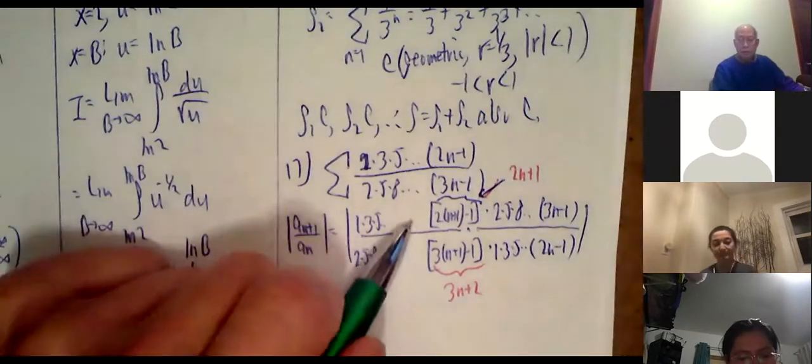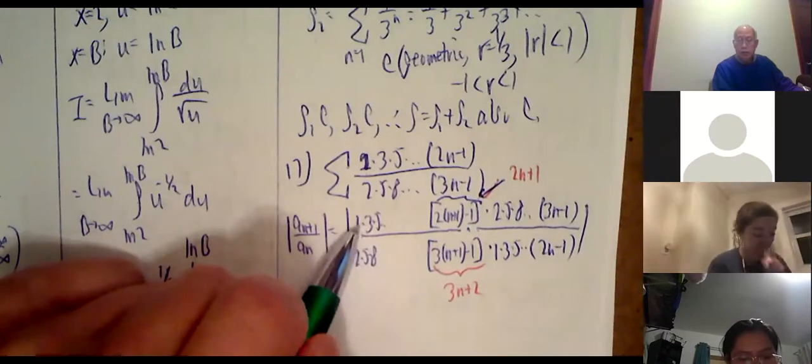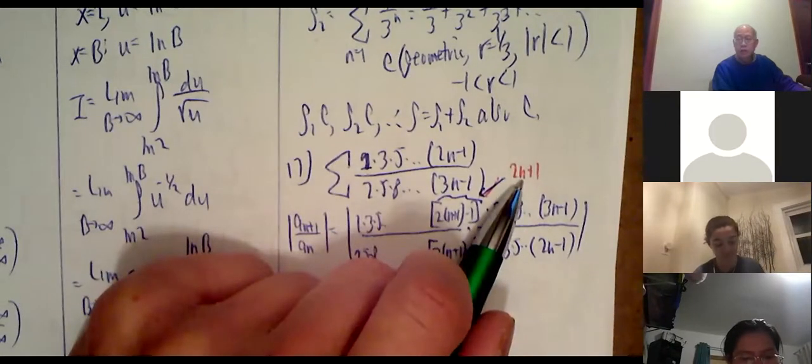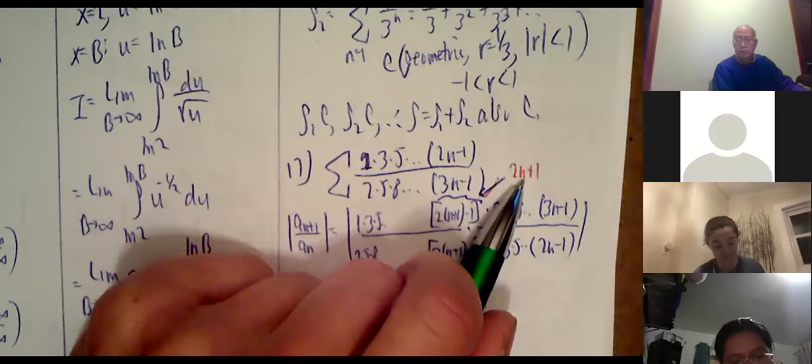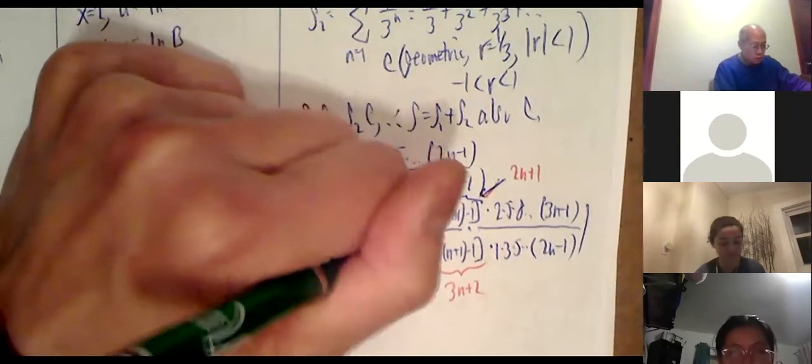The key is I want to put the factor just before that. Now, these are all 2 apart, right? So what's the factor just before 2n plus 1? I subtract 2, 2n minus 1.